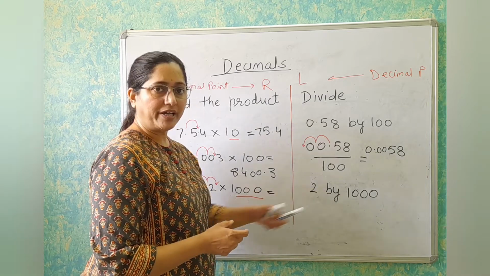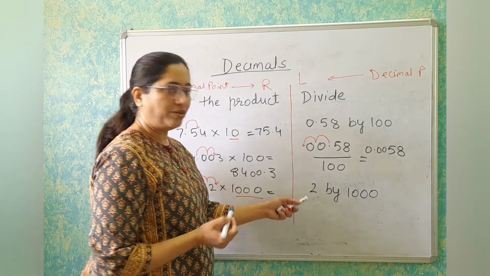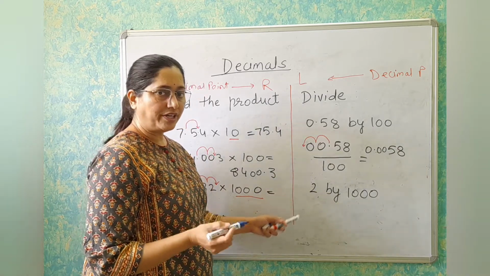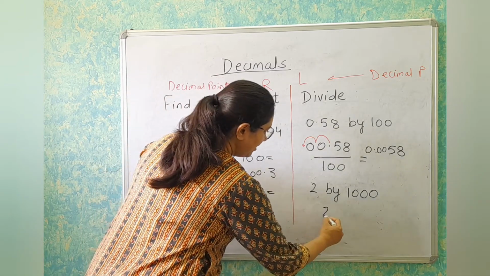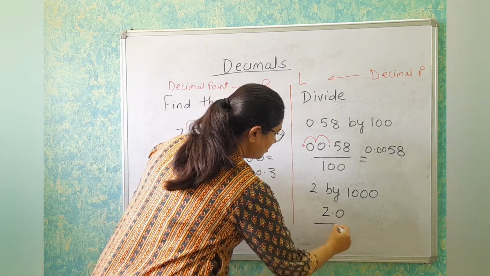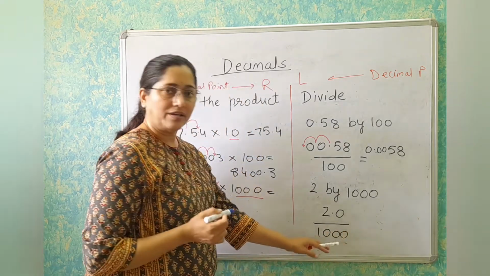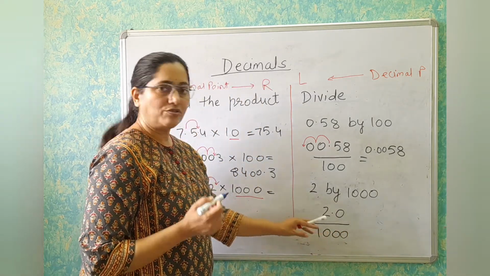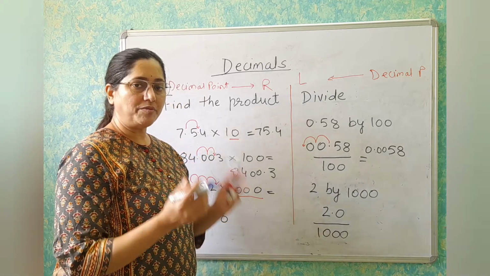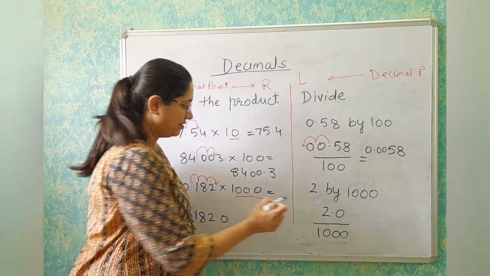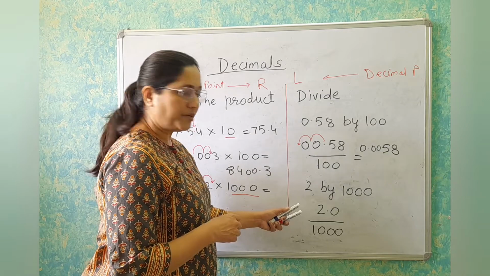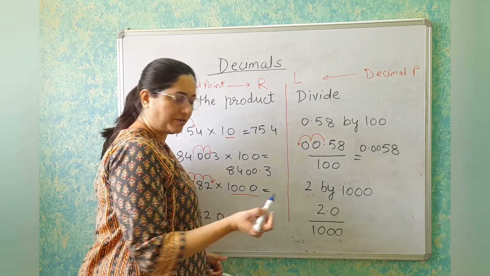2 divided by 1000. And you know that 2 is a whole number. It is not a decimal number, but I can write it as 2.0 divided by 1000. Again, 1000 has three zeros. So the decimal point will shift three places to the left hand side. But there is no number before 2, but I can put zeros.